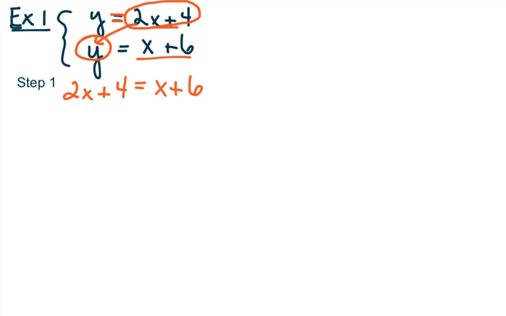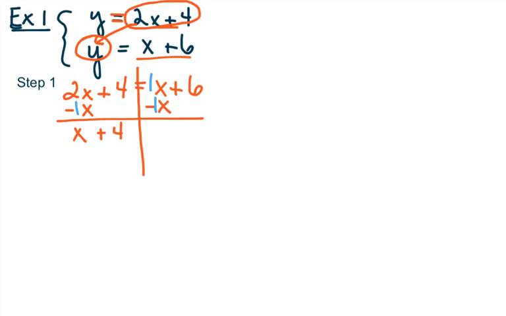Now, hopefully you are at a point where this looks very easy to do. We solve the equation by getting the variables on the same side, so I'm going to subtract an x from each side. Remember, if you don't see a coefficient in front of the x, it's always a 1, so we're really subtracting 1x. 2x minus 1x is 1x.